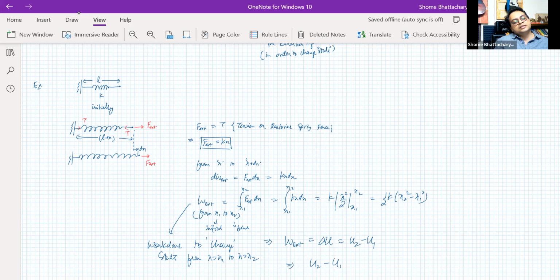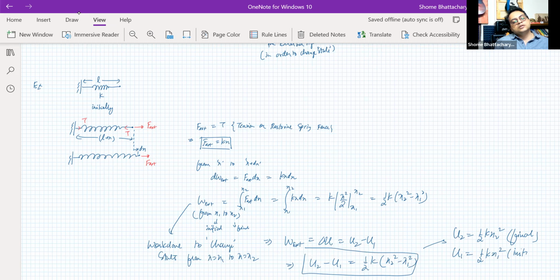So U2 minus U1 is half k times x2 square minus x1 square. From this we can see that the potential energy at x2 is this much, this is the final. The potential energy at x1 was this much. And the work done by the external agent is the change in potential energy.